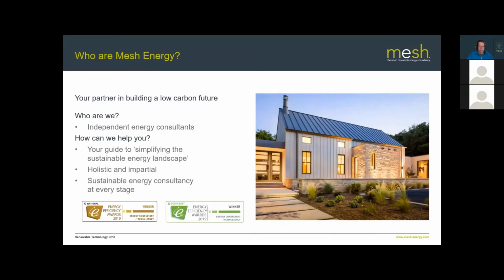There's a lot of claims and counterclaims about different technologies. What we try and do is just give honest, simple, impartial advice about what the best combination of technologies is for any given project. We're not affiliated to any technology. We're not affiliated to any manufacturers. We simply give honest, impartial advice.